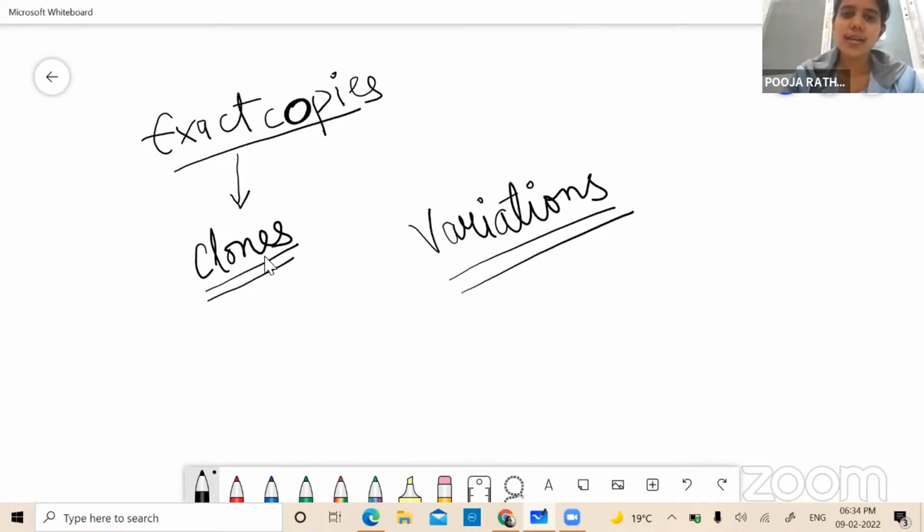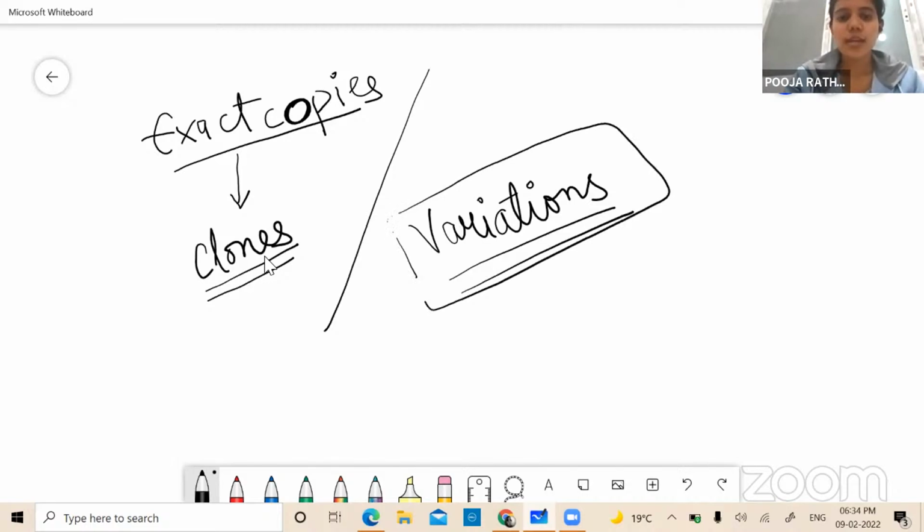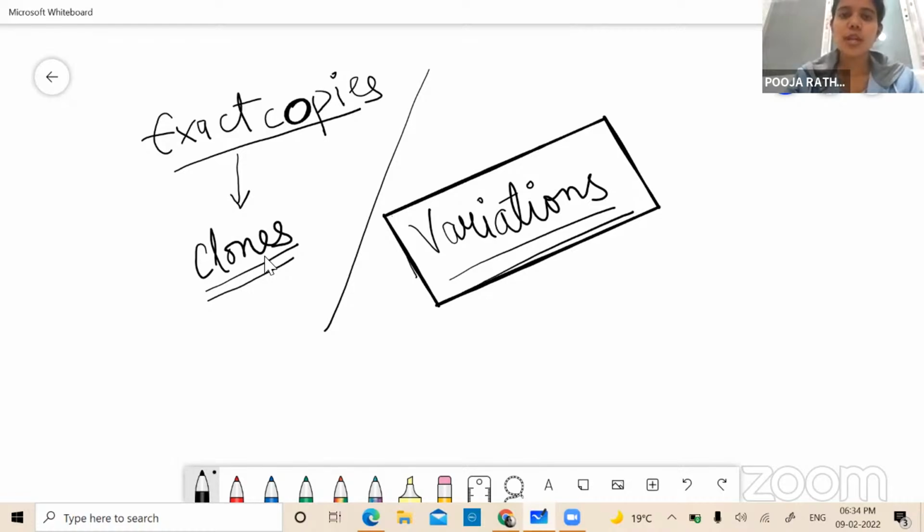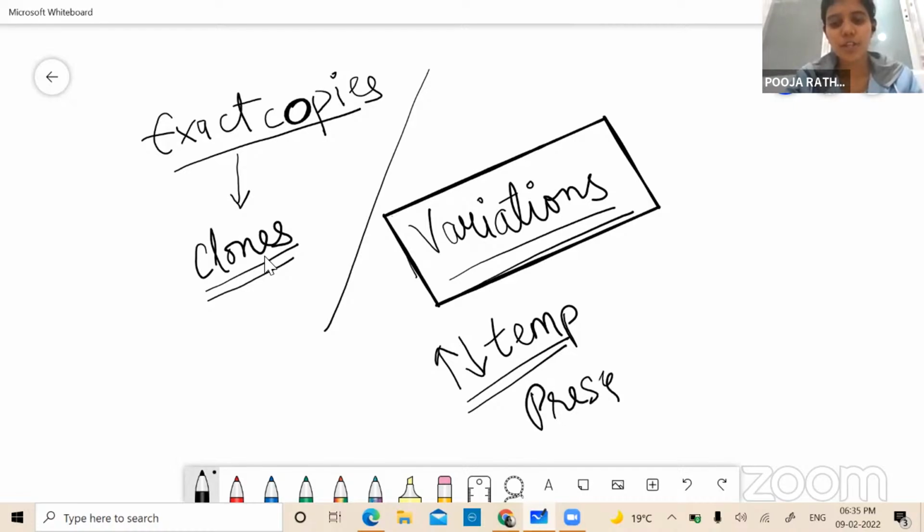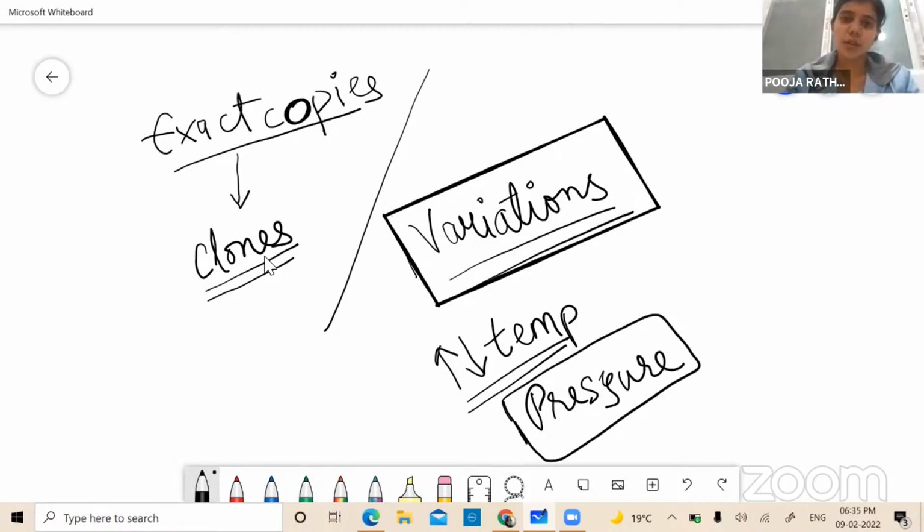Now, variations and clones, what is the difference between them? Variations are needed to become habituated to the environment, like the increase or decrease of temperature, or pressure.